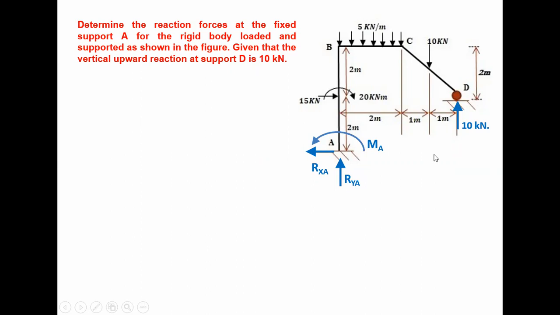So first we can take moment balance about A. Or you can say horizontal force balance of the whole system. So if you balance horizontal forces of whole system, then you will get this equation, right? So here 15 kilonewton force is acting horizontally rightward, so take rightward as positive.